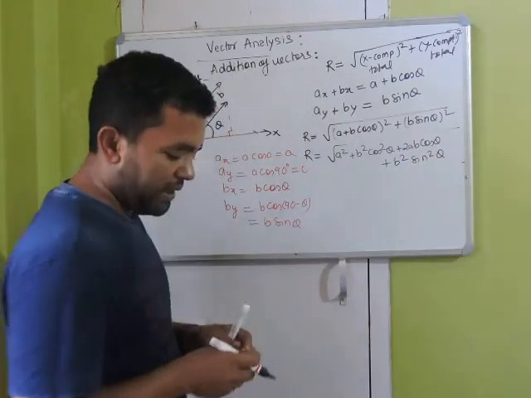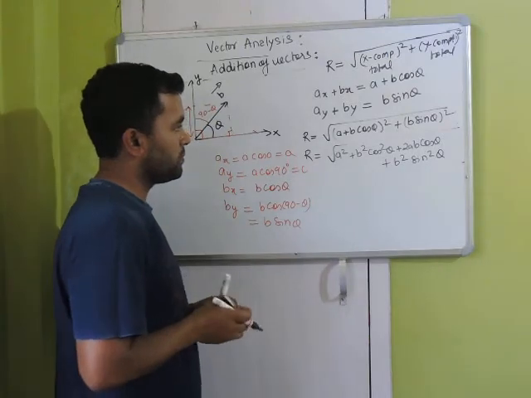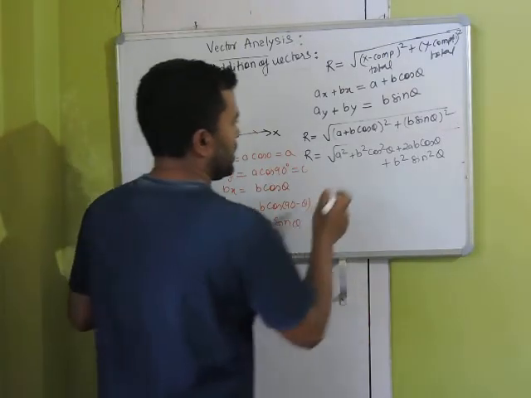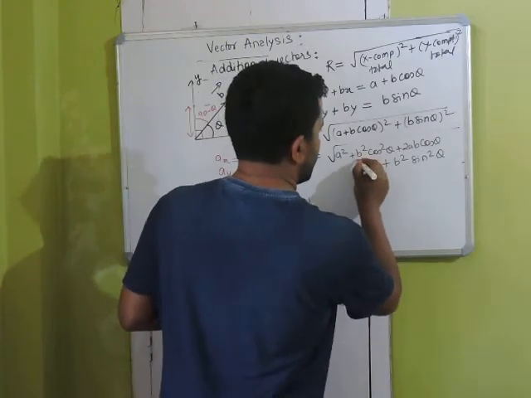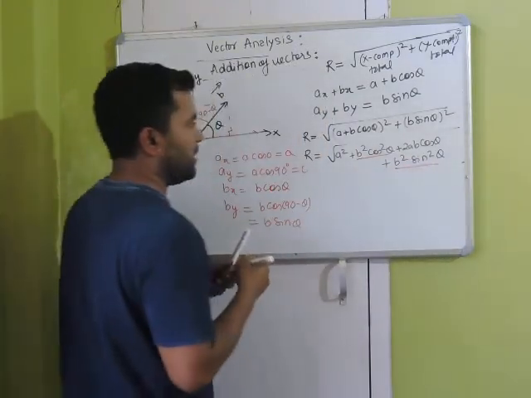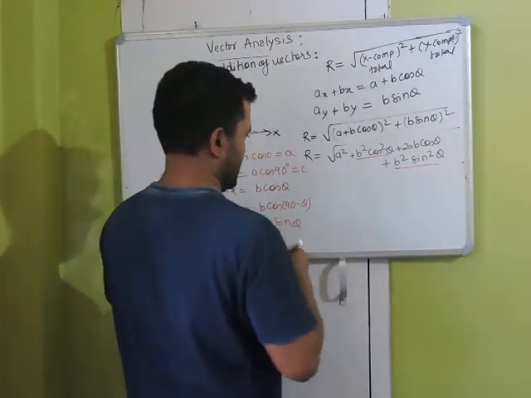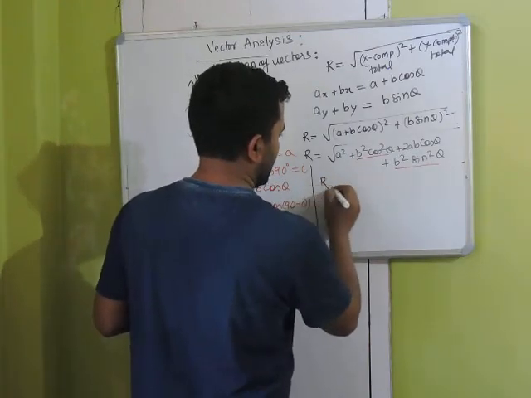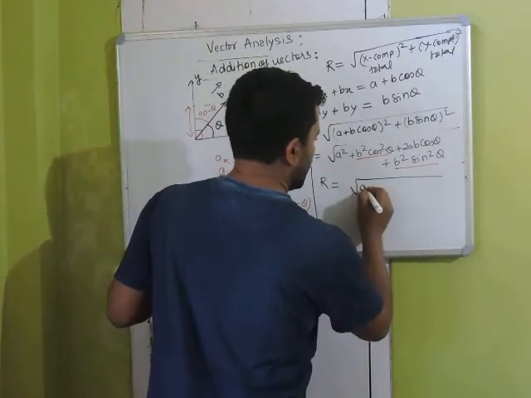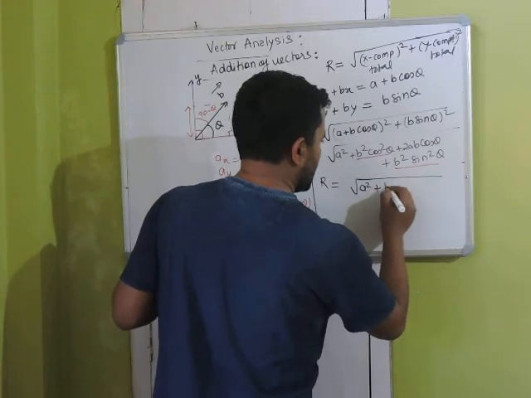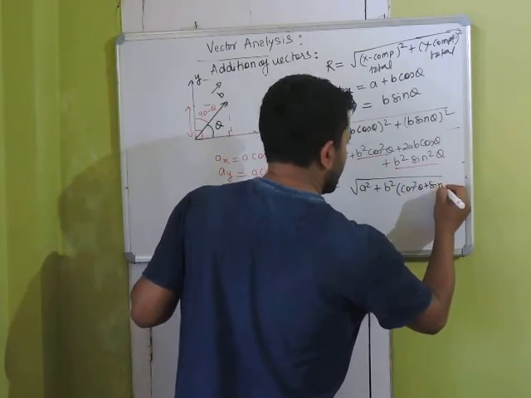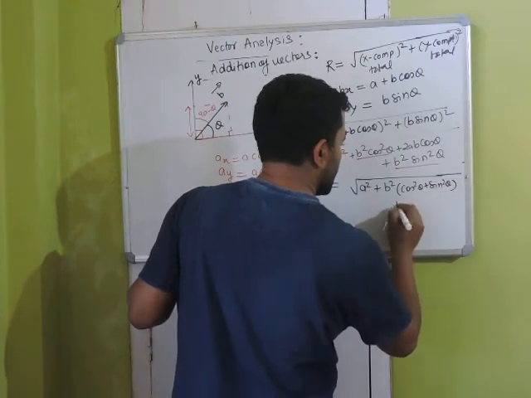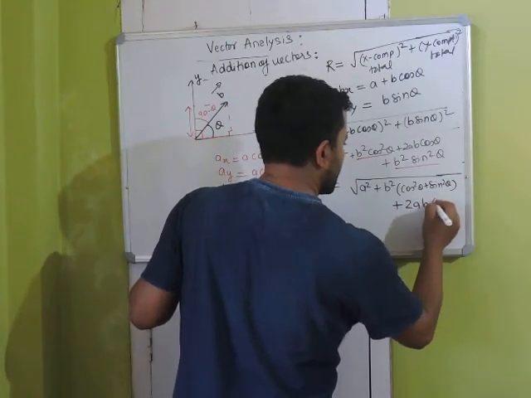Now if you rearrange this, you can see B square is common, so I can write the same relation as R equals the square root of A square plus B square times (cos square theta plus sin square theta) plus 2AB cos theta.